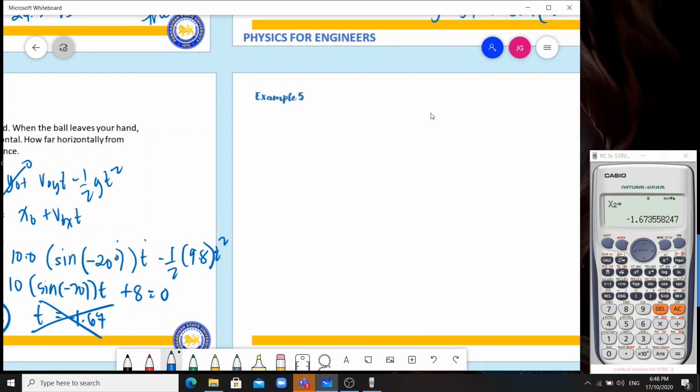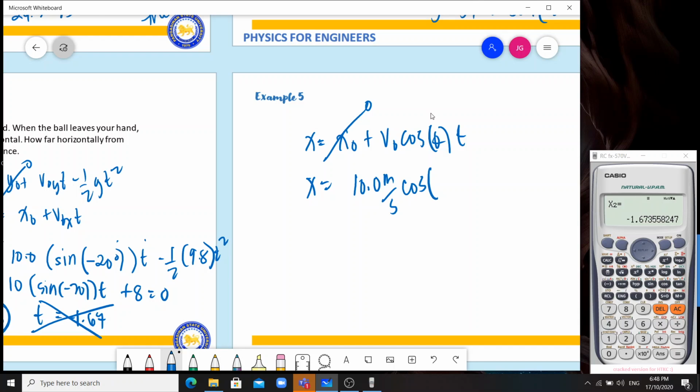Okay, or the ground. So, makukuha na natin si range na x0 plus VO cosine theta t. X0 ay 0. So, ang VO natin ay 10.0 meters per second cosine negative 20 degrees at 0.98 seconds. So, ito na yung range natin. 10 cosine negative 20 times 0.98, 9.2.